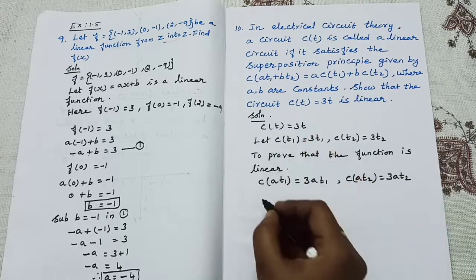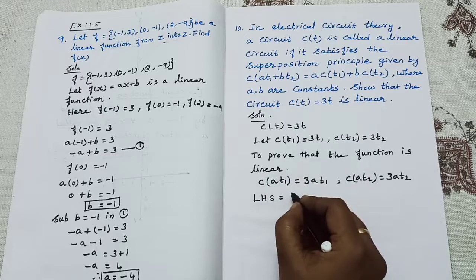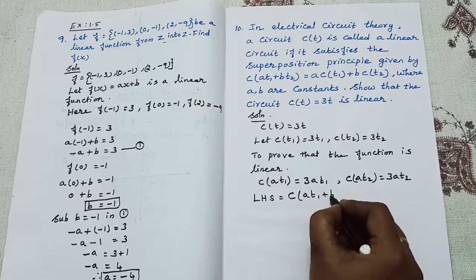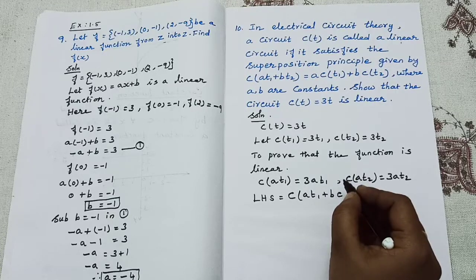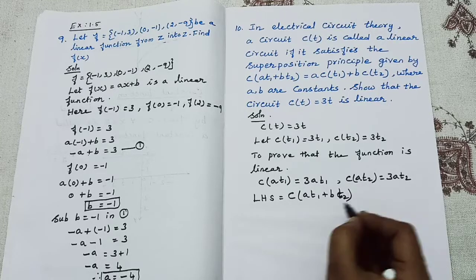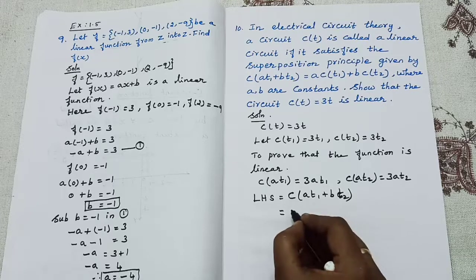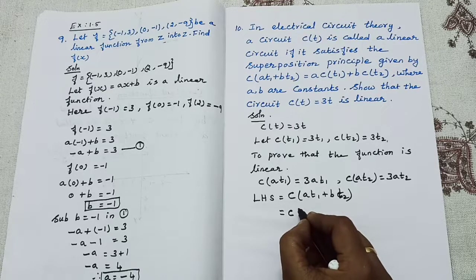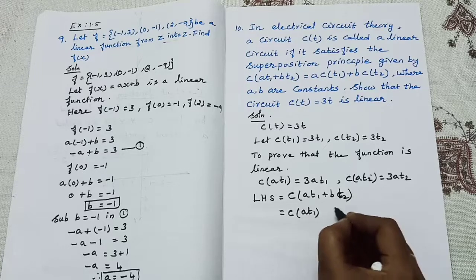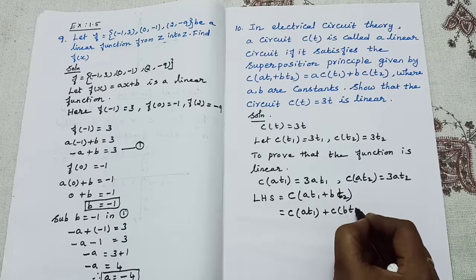First we take the left hand side, what is given: C of A T1 plus B T2. Shall we split this into C of A T1 plus C of B T2?